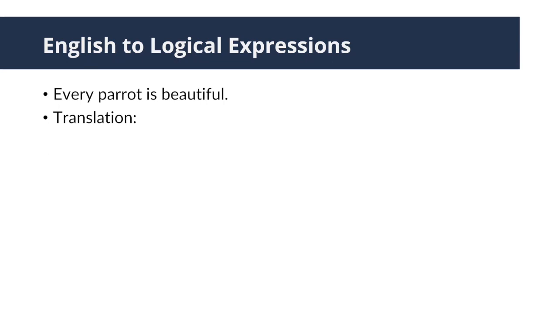The statement is, every parrot is beautiful. Before we do the translation, we should first specify the domain. A domain gives you a context. It tells you what X is by default. Here, X is the variable we are going to use. However, note that you can use any letter as the variable.